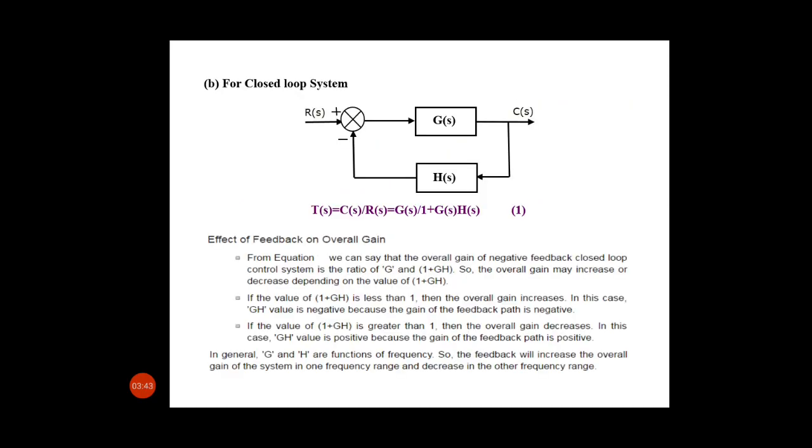Now come to the closed loop system. This is our closed loop system, and we consider here negative feedback. So the transfer function of this closed loop system is T(s) equal to C(s) by R(s), which is equivalent to G(s) divided by 1 plus G(s)H(s).